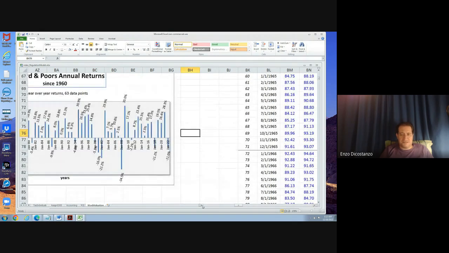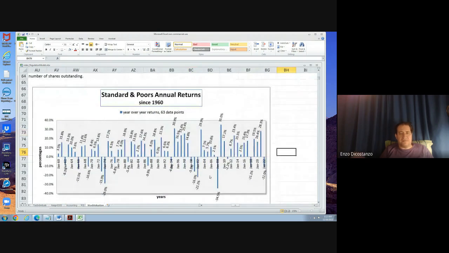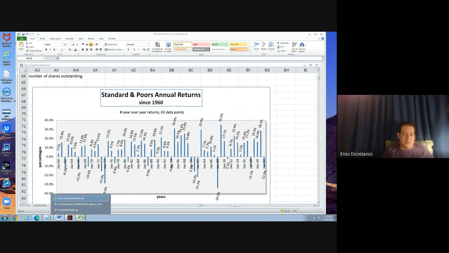Yeah, 63 data points. Okay, that's for annual returns. Mostly positive, but a few down years. 1, 2, 3, 4, 5, 6, 7, 8, 9, 10, 11, 12, 13, 14, 15. So three out of 4 years you had positive returns.